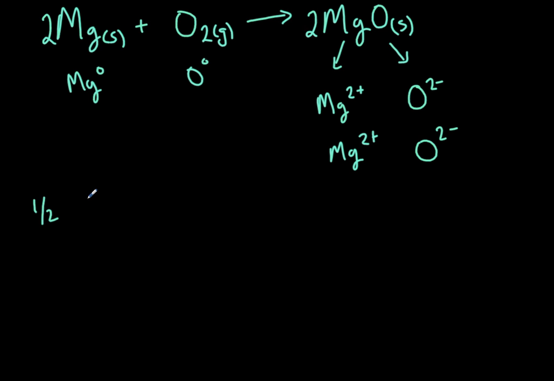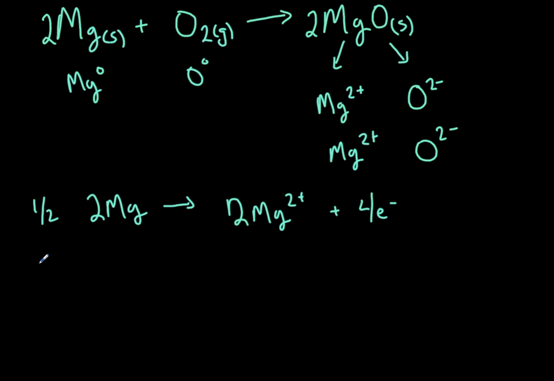So we see 2 Mg, and through the reaction we end up with 2 Mg2+ plus 4 liberated electrons. Does that make sense to you, what we saw here? So half of the reaction is basically magnesium liberating or releasing or giving away some electrons from itself.